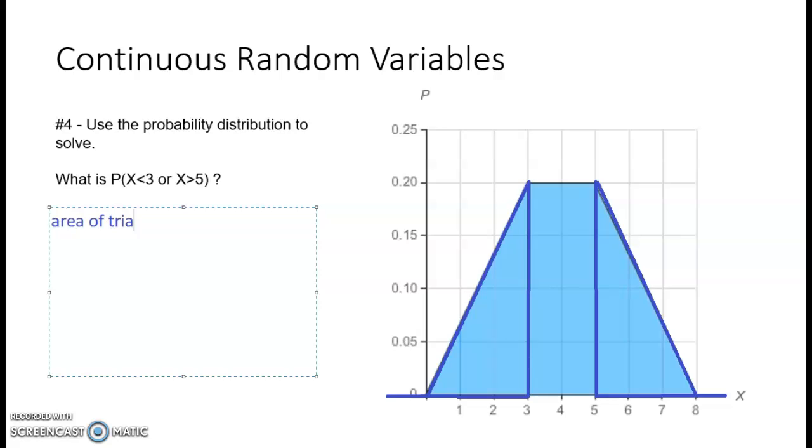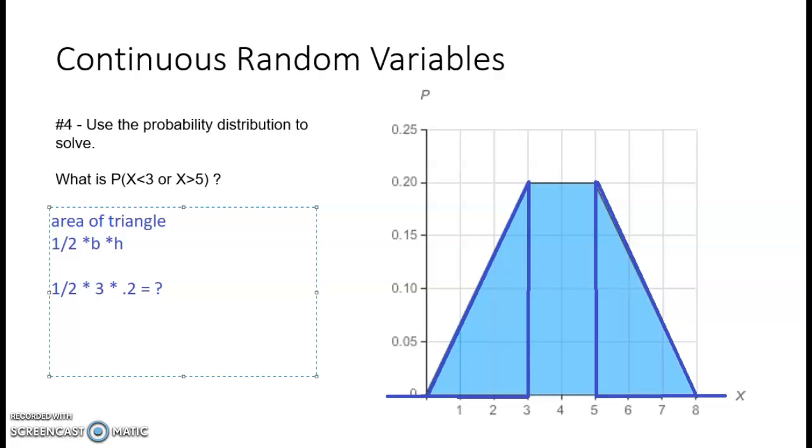We'll put our formula for the area of a triangle on the board here. Area of a triangle is 1/2 times the base times the height. We already did this for x is less than 3. We said it was 1/2 times 3 times 0.2, and you found that area, whatever that was.